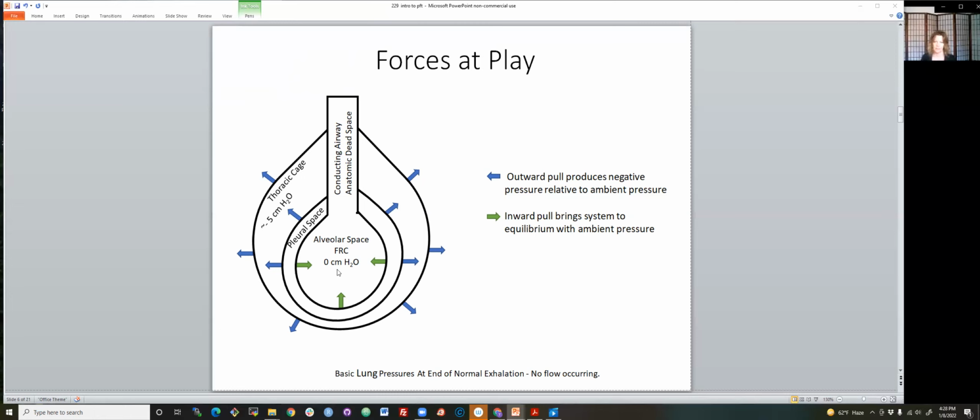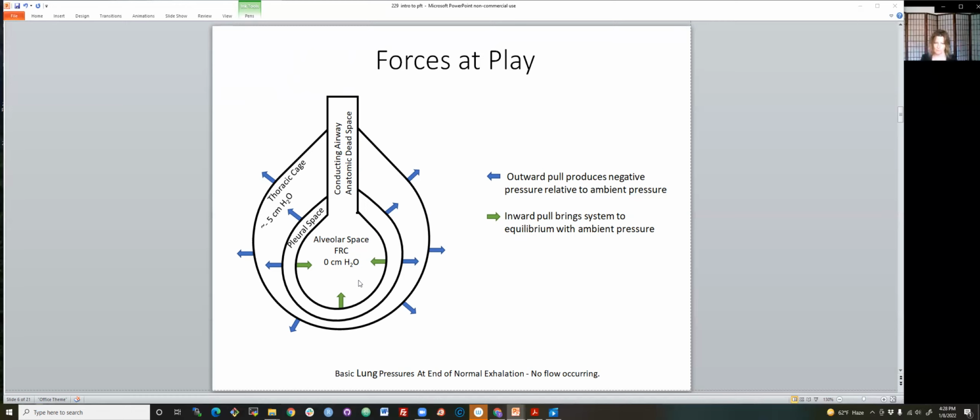Well, if we look at the blue arrows here, they're representing these forces that are basically pulling that alveolus open, maintaining its patency. And the forces at play here come from the thoracic cage and the pleural space. The green arrows represent that inward pull that brings that alveolus towards the center of itself so that the alveolus does not expand so much that it pops.